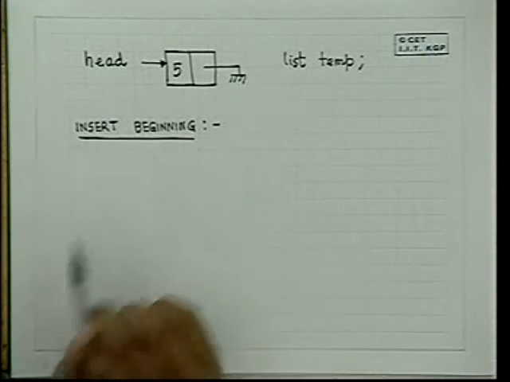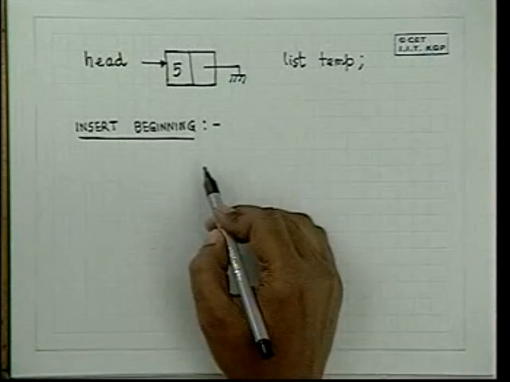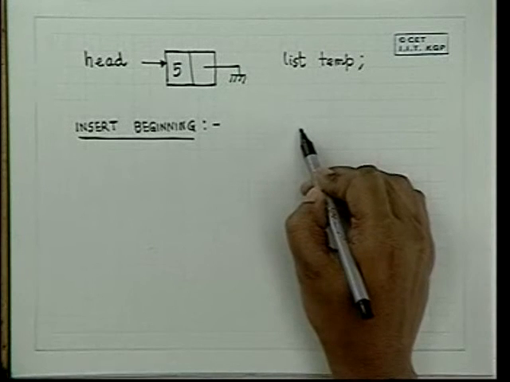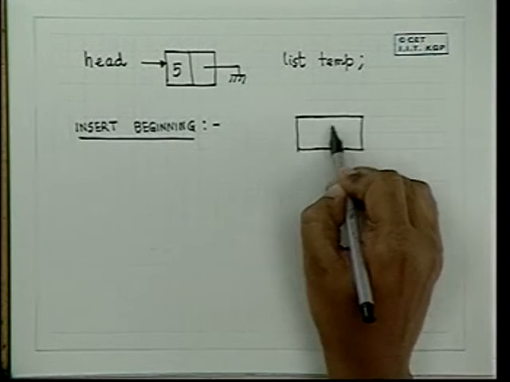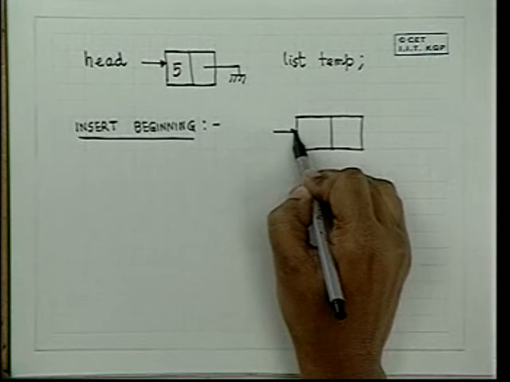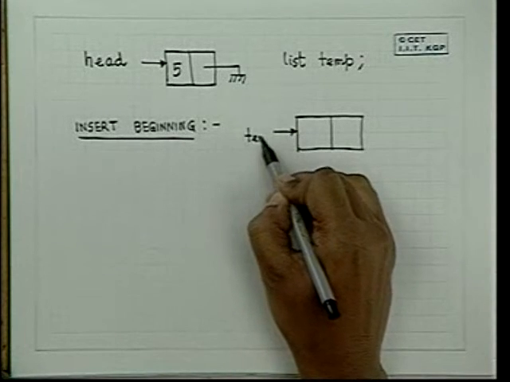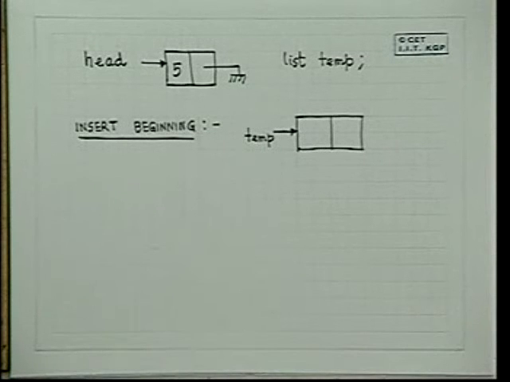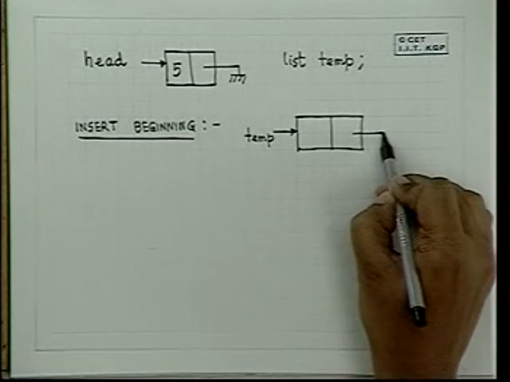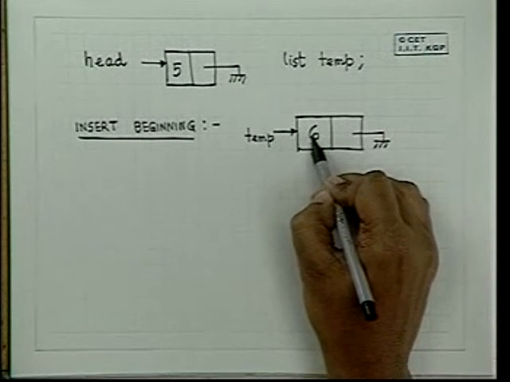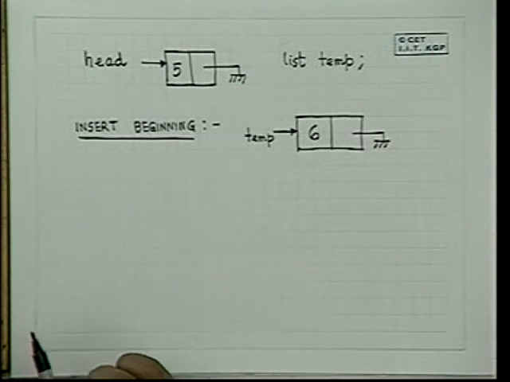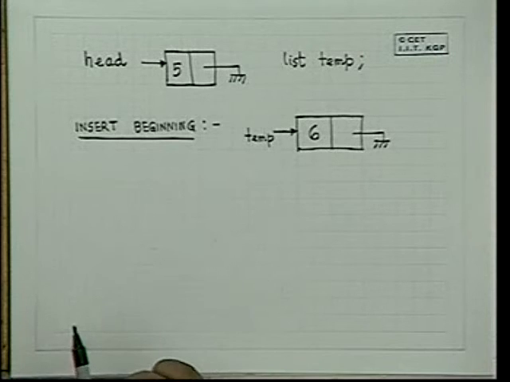If we want to insert in the beginning, then schematically or diagrammatically, we will have to allocate one element into, say, temp. We will ground this, we will put in the next data, and then we will do some manipulation.